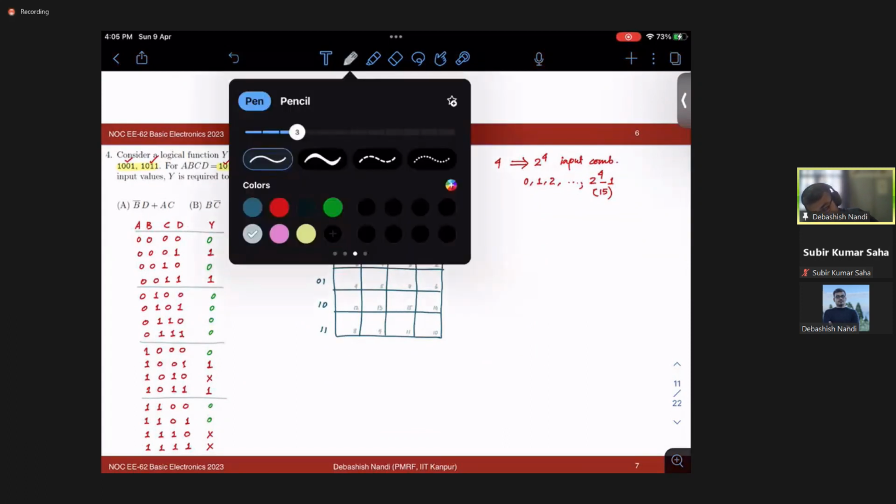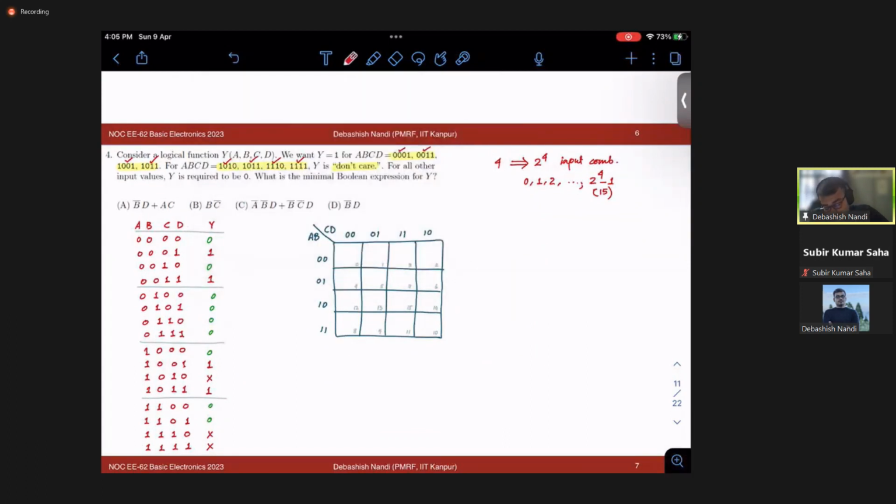So what are the values here? You have 0, 1, then 0, then 1. You have 0, 0, 0, 0. Then you have 0, 1, don't care, and then 1. Then you have 0, 0, 0, 0, don't care, and don't care. So now you need to minimize it.